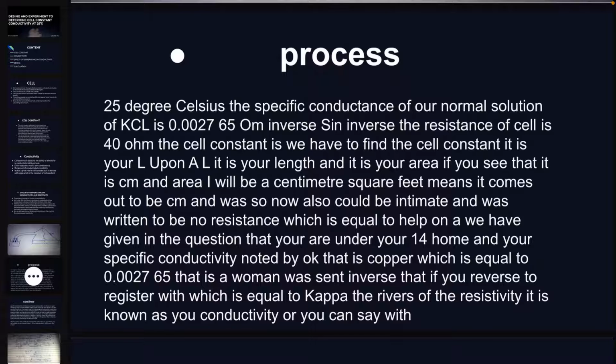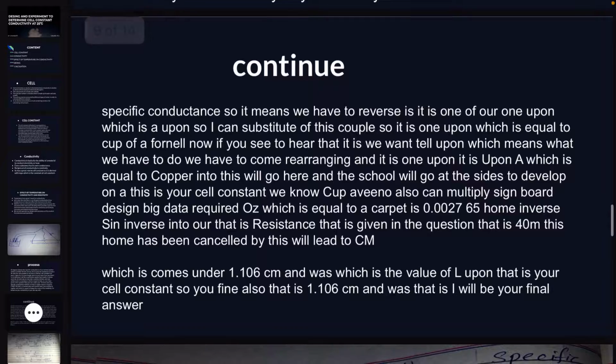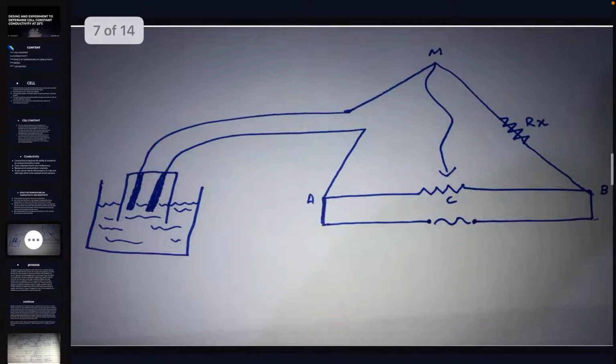If it is in centimeters, the area will be centimeter squared, so it comes out to be per centimeter. The resistor is given in the question, and the specific conductance is denoted by kappa, which is equal to 0.02765.